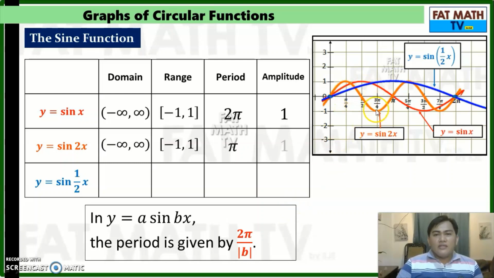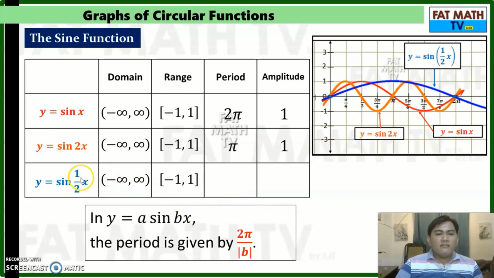And then for the amplitude, it's the same. It's the absolute value of 1 here. So 1. And then for the domain of the last function, still the same. Range is still the same. But for the period, it's going to be 2 pi divided by 1/2.